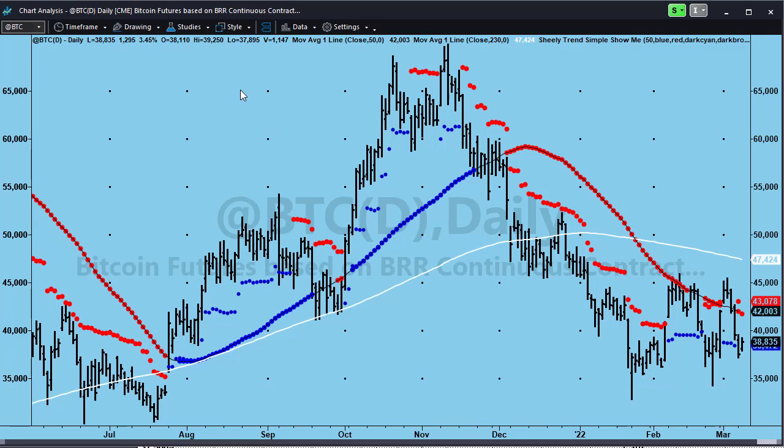We don't know yet, but at this particular time, it is increasing in regards to the activity and the interest. So we're going to start looking at Bitcoin a little closer.